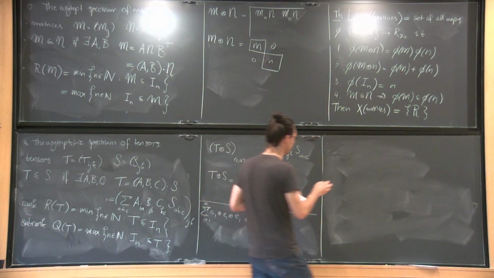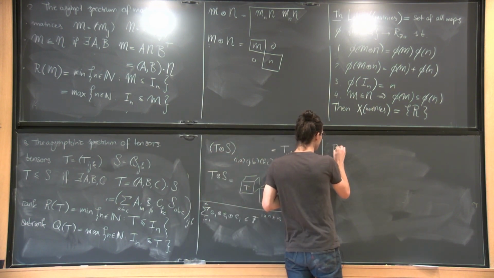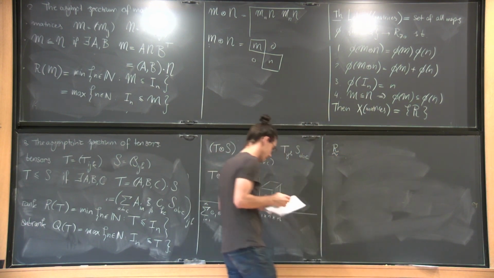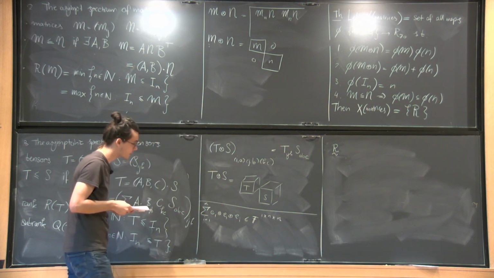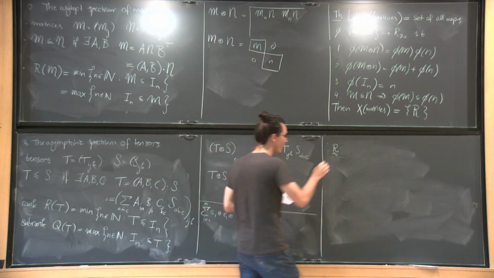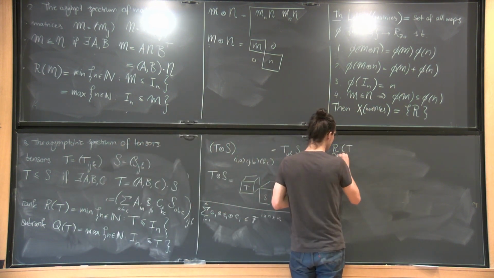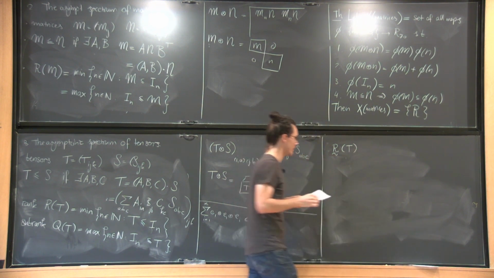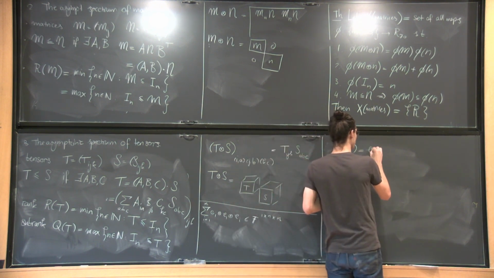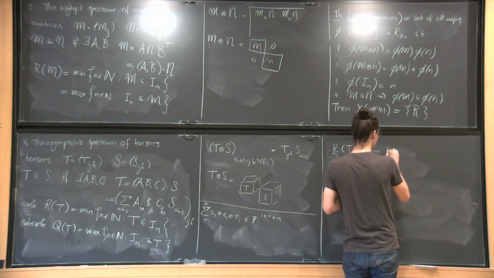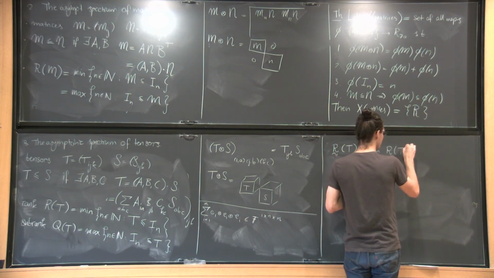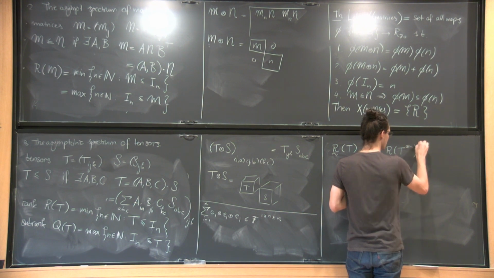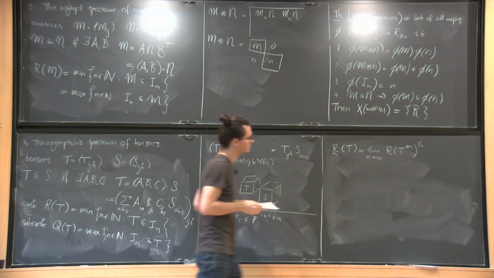Therefore, it's interesting to look at the asymptotic versions of tensor rank and subrank, called asymptotic rank, R tilde of T, which is, as you might guess, the limit of n going to infinity of the rank of T to the power n, to the power 1 over n.